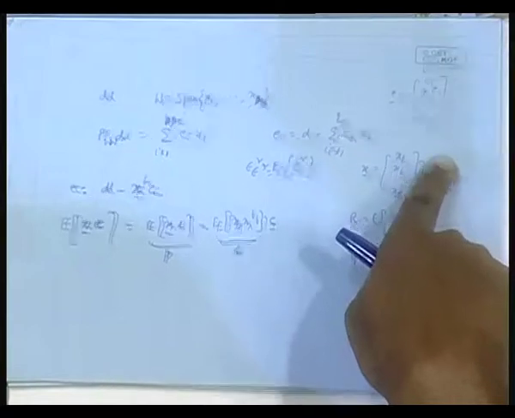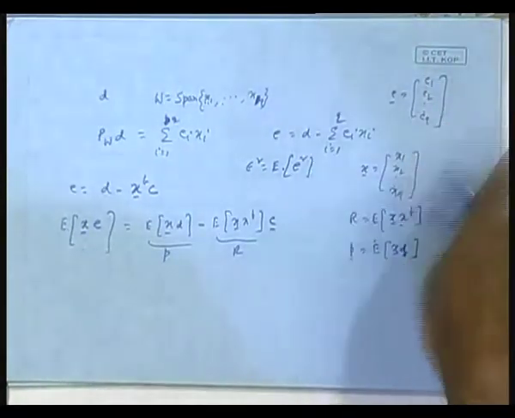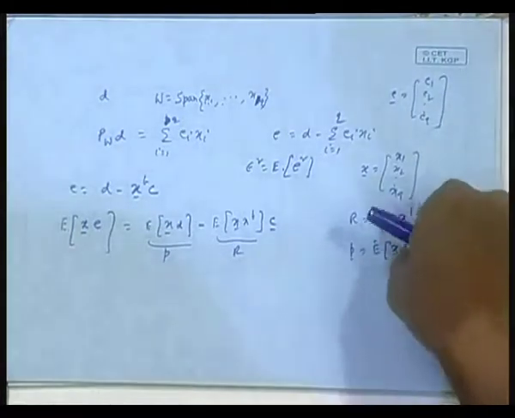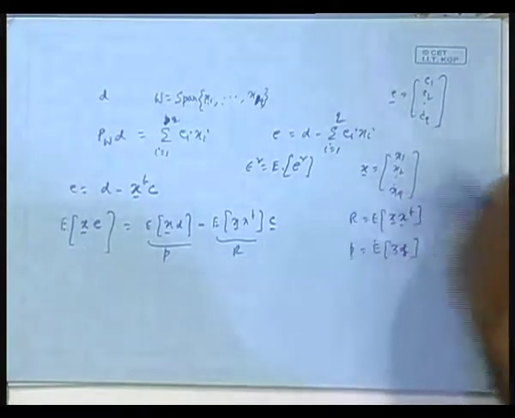Then from that steepest descent I took one step ahead, and there I brought in approximations: R and P you replace by wild approximations. R is simply, in this case, x vector times x transpose, instead of taking many such products and averaging, just one x vector with its transpose. P vector also is just one x vector into D instead of taking many such products and averaging.